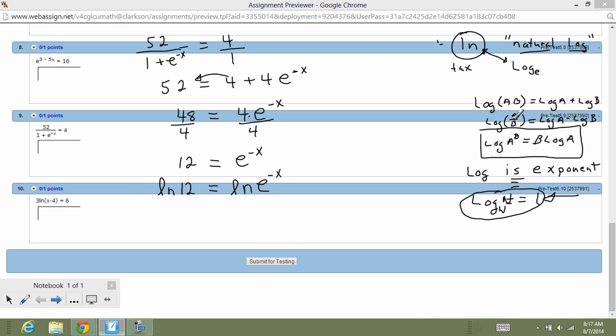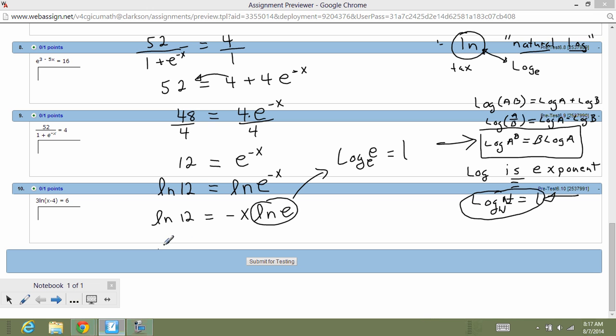Okay. And now we employ this log law right here. This is the one that gets used over and over and over again. And we get the natural log of 12 equals negative x times natural log of e. And the natural log of e, one more time, all that means is this. And of course, that's a 1.